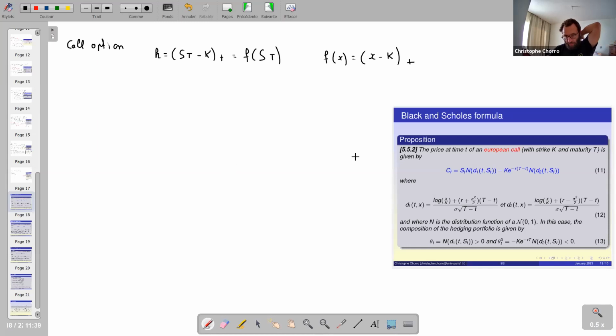I will denote the price by C here. So I define the price of a call at time t, C_t, as its definition or notation, that is P_t^H. And I know what this one is. According to what I have done previously, it is equal to f_t of S_t, where f_t of x is something that I have written several ways, but let's write it again.